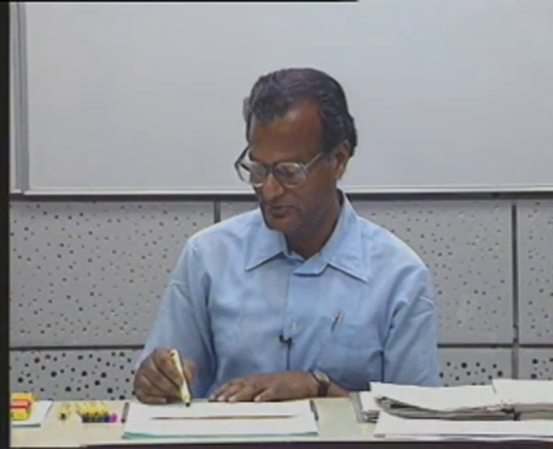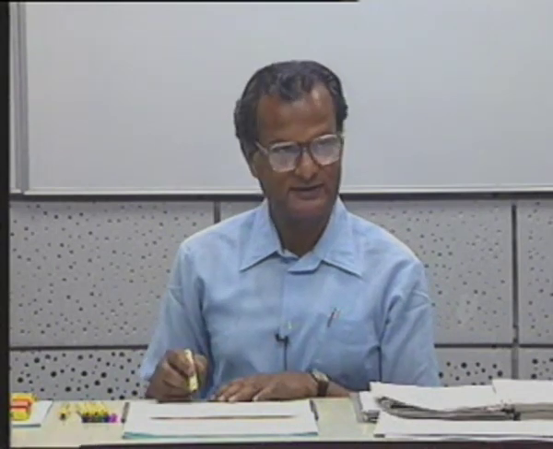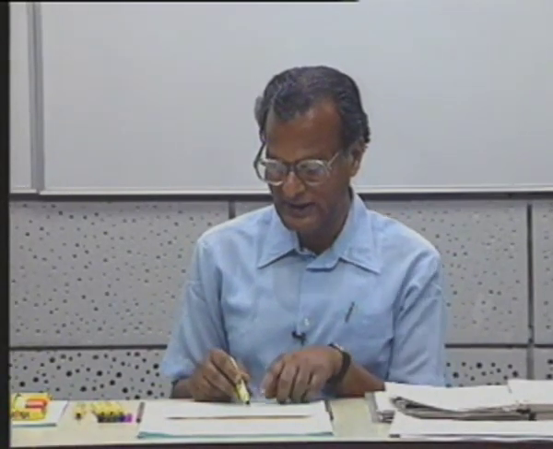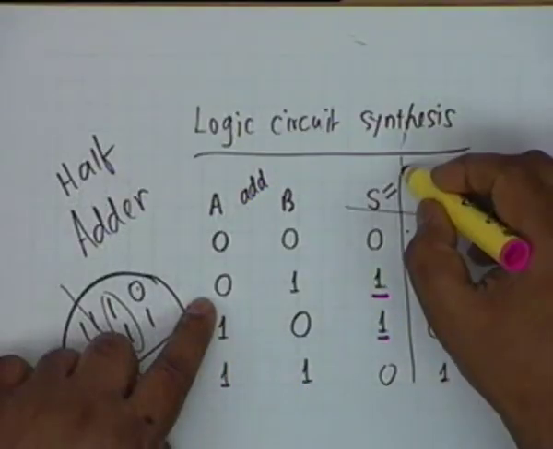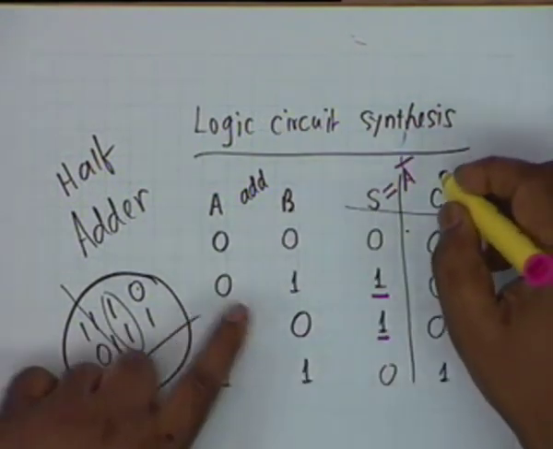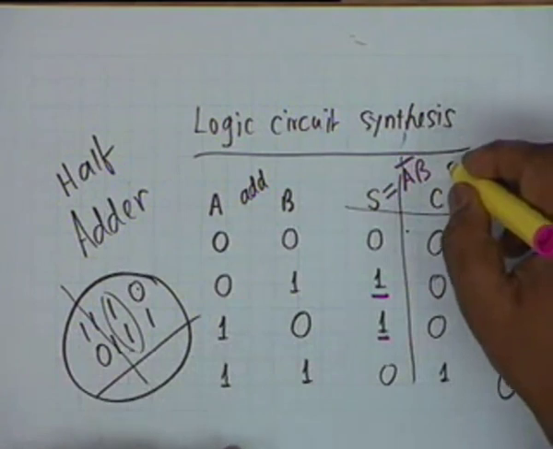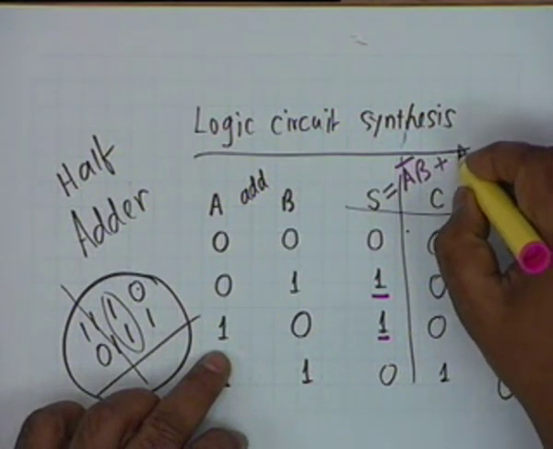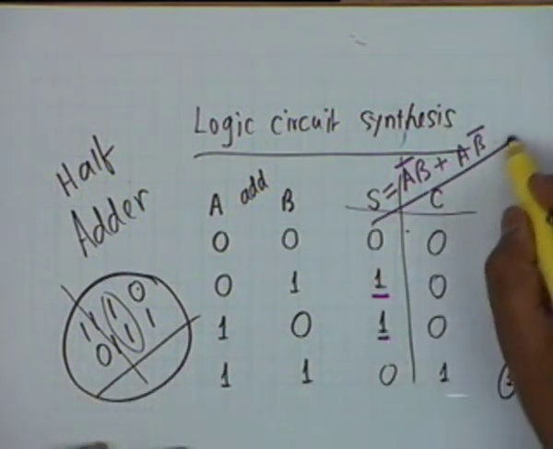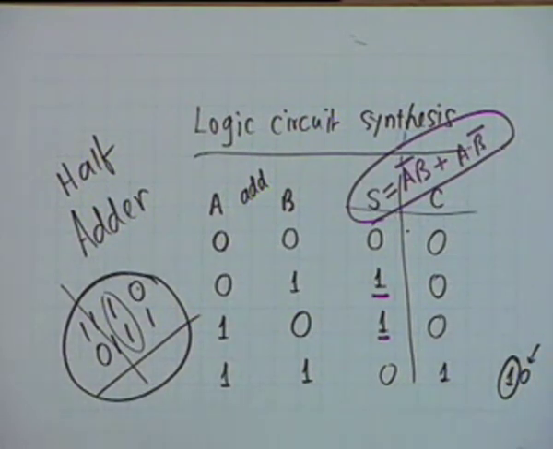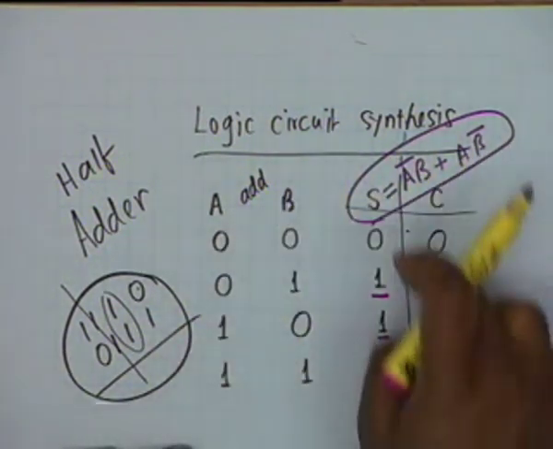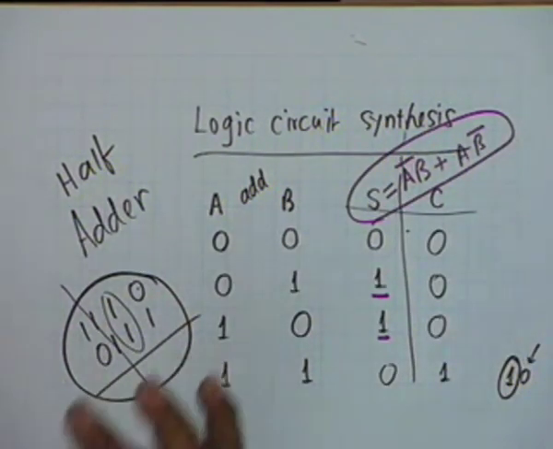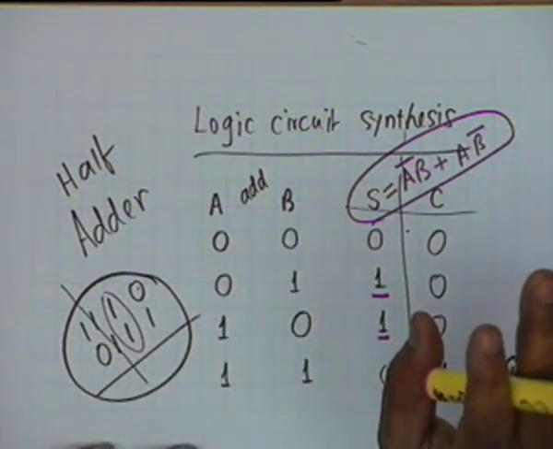That is, you consider only this output and this output, and then write S in terms of A and B. A is 0 here, so A is not true, so you write A bar, and then B is 1, so B, or either this or A B bar. This is the sum. Is the point clear? It can be easily verified that this truth table S, A and B is represented by this expression, and this is valid in all situations.